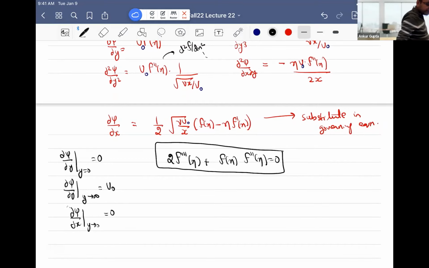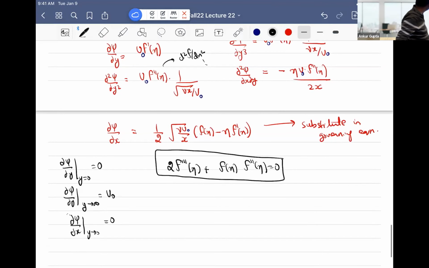Now, what do you think? So I'll just push it a little bit up here. Hopefully you can see all of them. Looking at this left-hand side, I want to now write boundary conditions in terms of eta, right? Because that's my final variable, f and eta. So how will I go? You see del psi by del y. What is del psi by del y? U naught f prime, right?